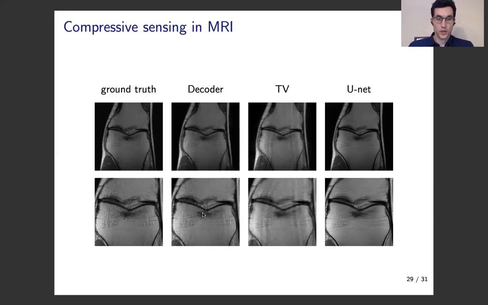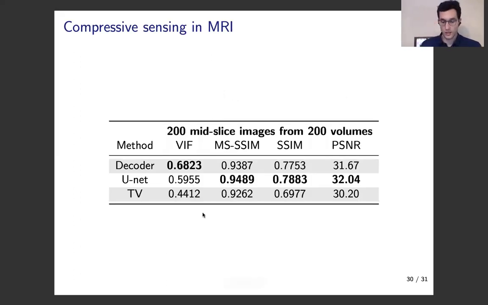And we also verified that experimentally. So those are simulation results by Mohammed, who I mentioned earlier. Here we looked at the fastMRI data set, and we compared the untrained network with a trained neural network. So UNet is a trained network, and total variation is the untrained baseline.